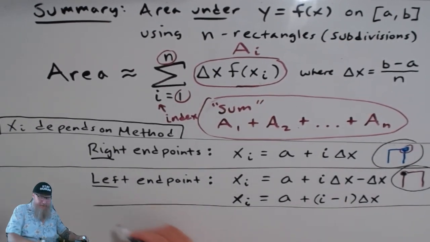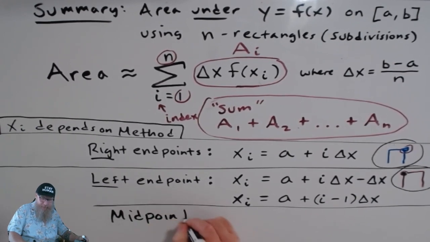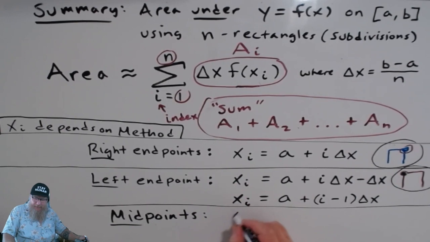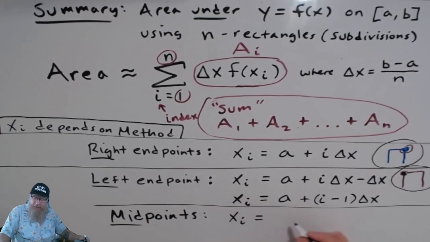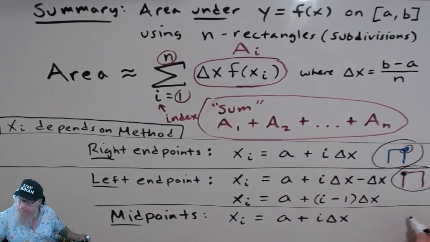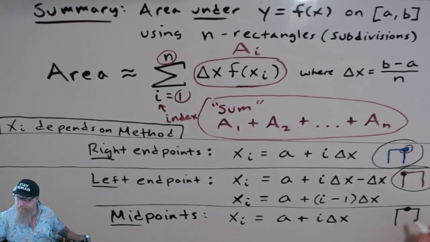And then the one we just did, the midpoint rule. This one's a little trickier because you're going in the middle. So it's a plus i delta x, but now you're putting your dot right in the middle of the rectangle.